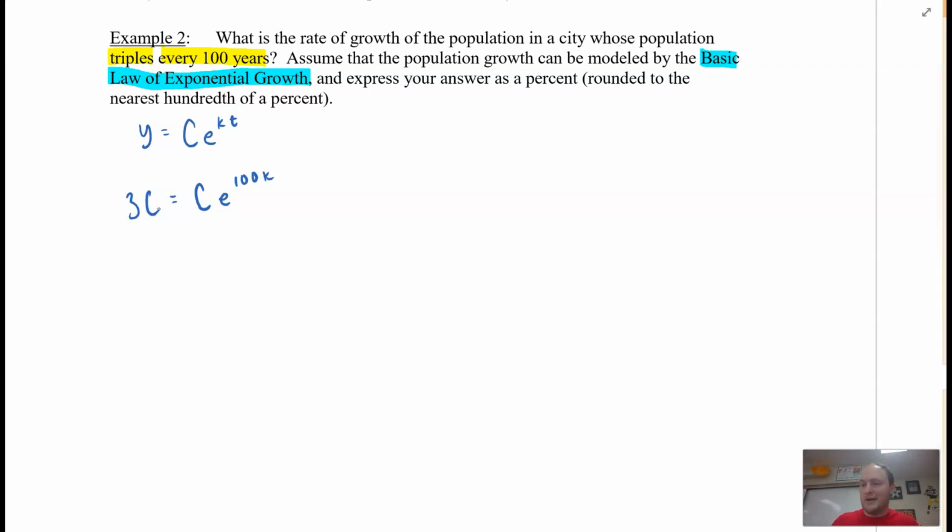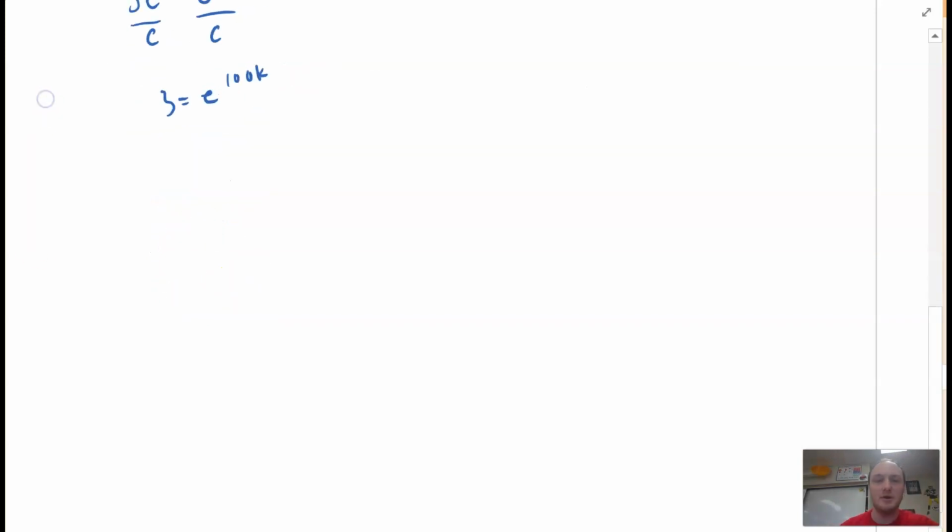So we can solve for k with this information. We'll divide both sides by c, and we get 3 = e^(100k), and I want to solve for k, so I need to undo the exponential by taking the logarithm of each side.